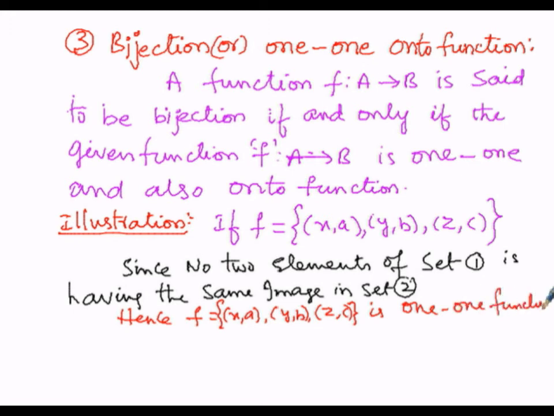Similarly, let us see. The given function is f equals x comma a, y comma b, z comma c. So here f of a equals b; when f of a equals b, then only it is called an onto function. So the image of x in the first set is a, the image of y is b, which belongs to the second set, and the image of z in the first set is c, which belongs to the second set.